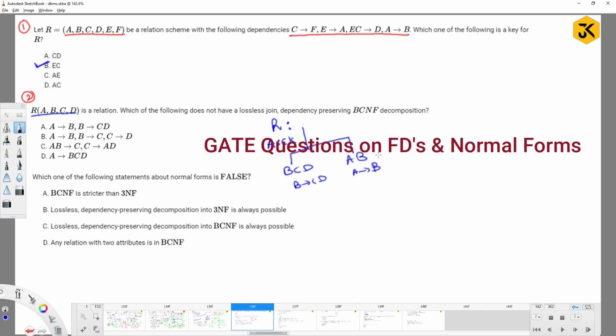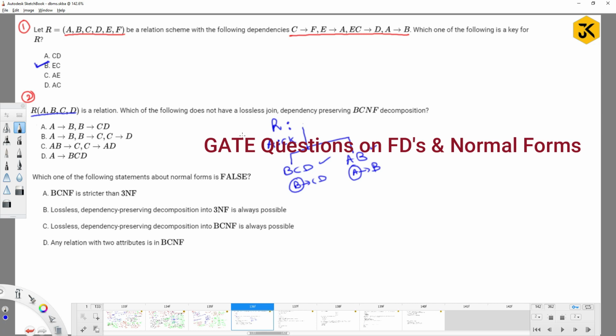What about BCNF? Is it in BCNF? Yes, it is already in BCNF because the formula is that the LHS should be a candidate key. So both relations contain the LHS as a candidate key. I can say that it is in BCNF. Now, B is not.